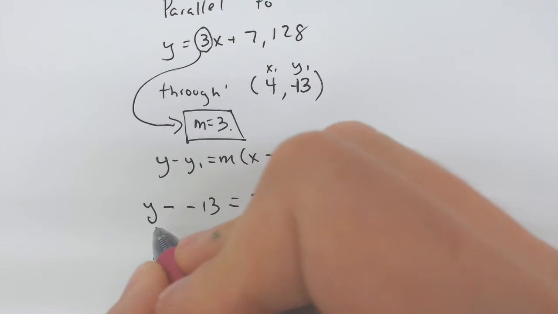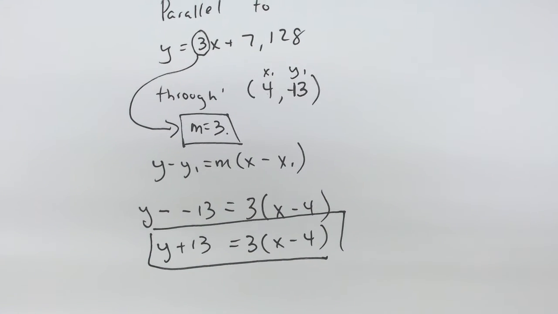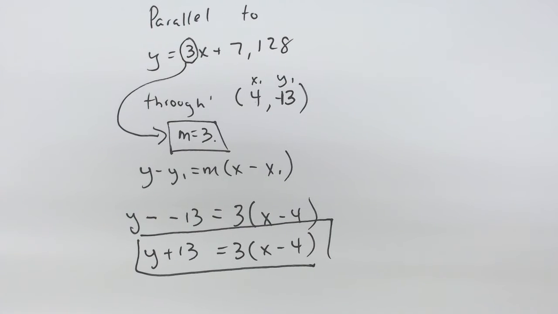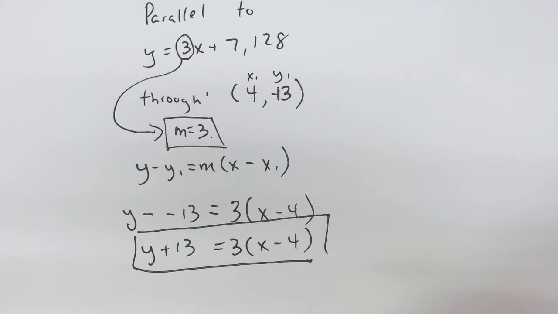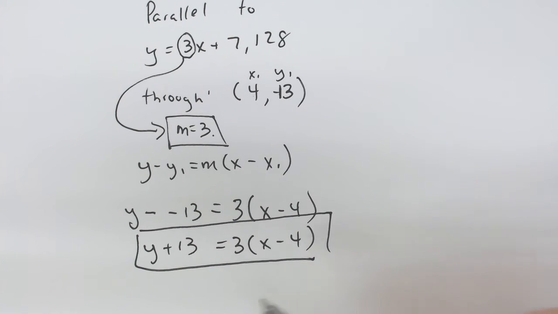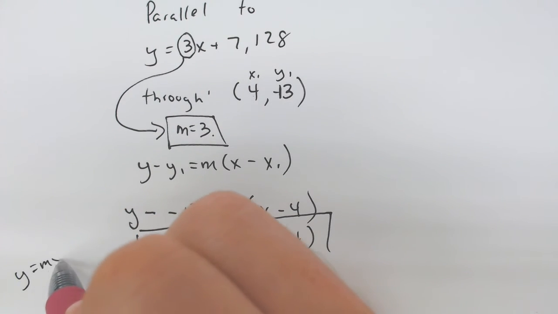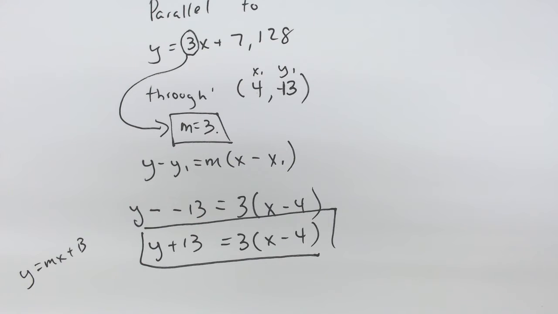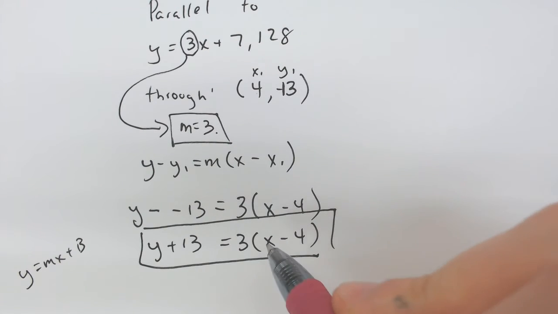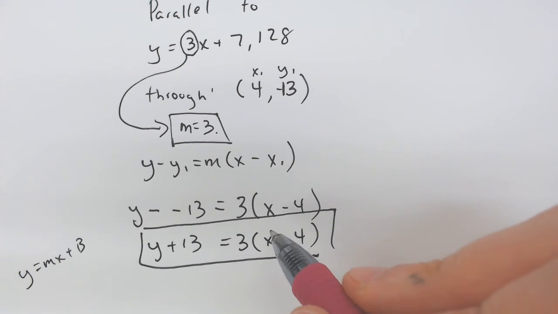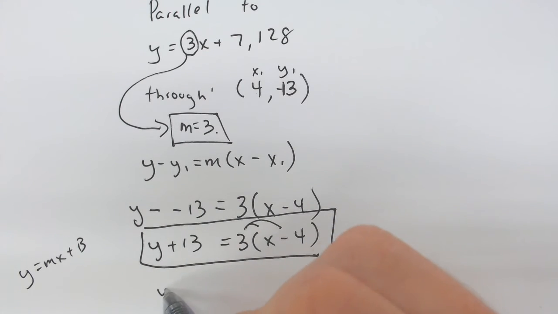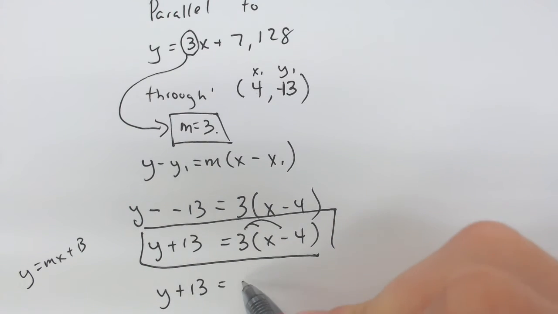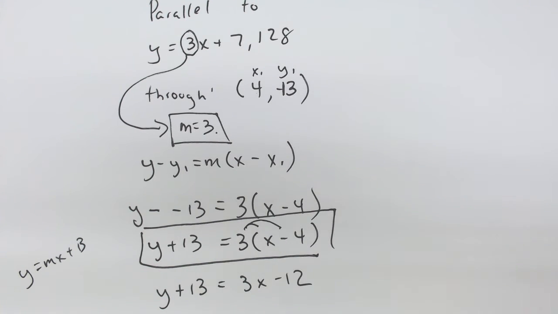And we can circle our answer. Now, this is 100% perfectly acceptable. If for some reason you need this to be further down and turned into y equals mx plus b format, the slope-intercept form, then all you would need to do, if you are expected to go further, which on some problems you have to, is distribute: y plus 13 equals 3x minus 12.